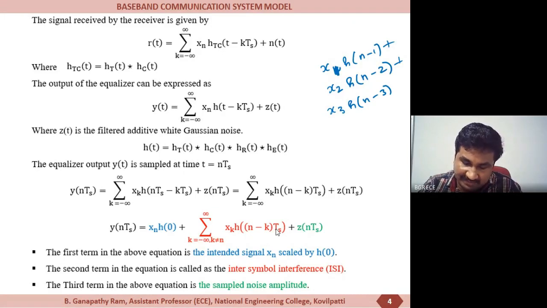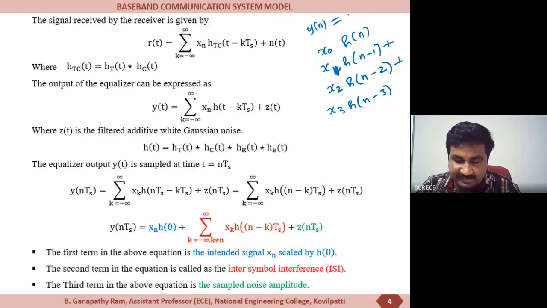So if you put x of 0, x0, it has x of n. I am considering this as y of n. Y of n we can write like this.